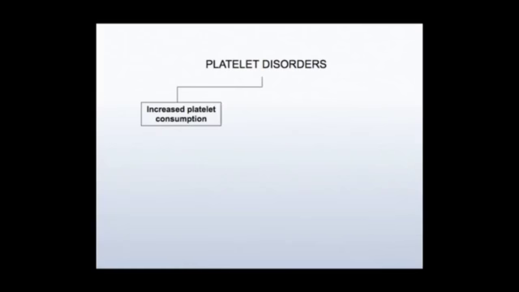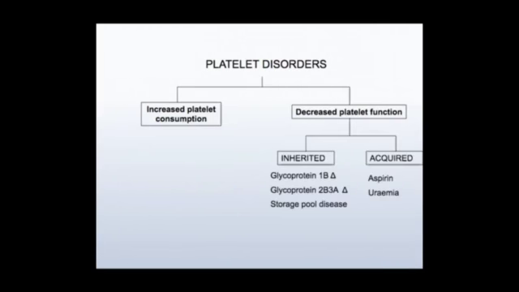There are two basic pathogenic mechanisms that can cause disorders of platelets: those that decrease their number, or thrombocytopenia, and those that affect their function. I'm really going to concentrate mostly on those that affect number, or different causes of thrombocytopenia. But just to mention very briefly platelet function, defects in platelet function can be acquired or inherited.